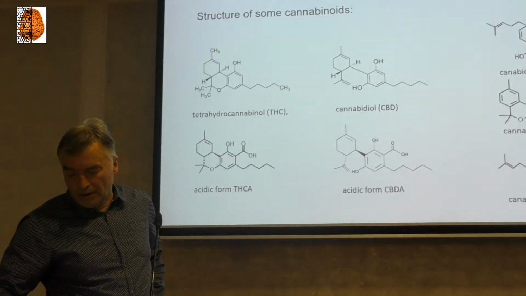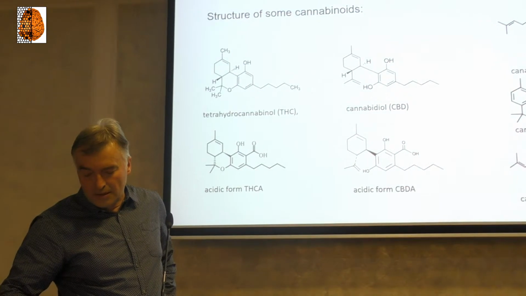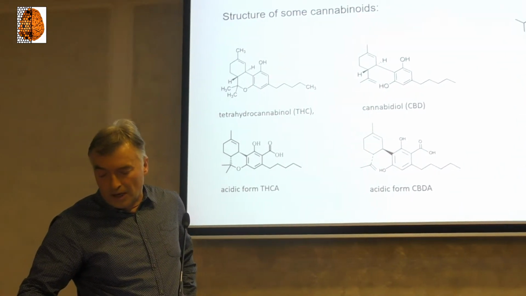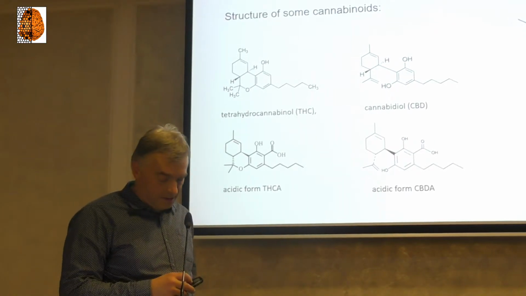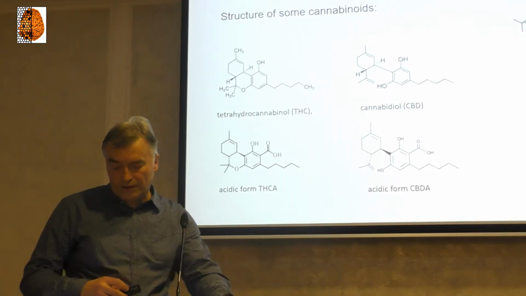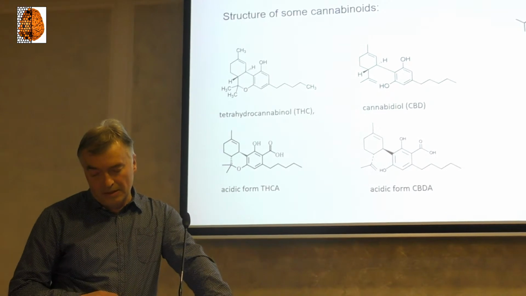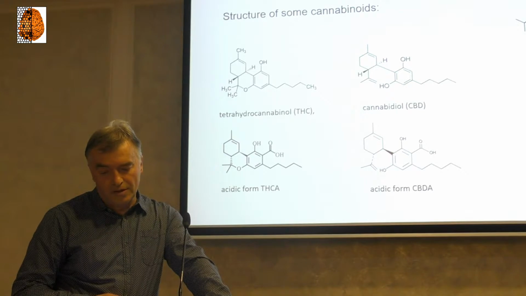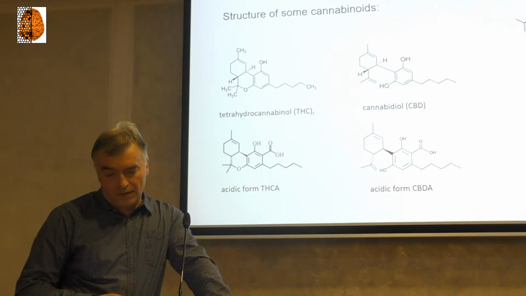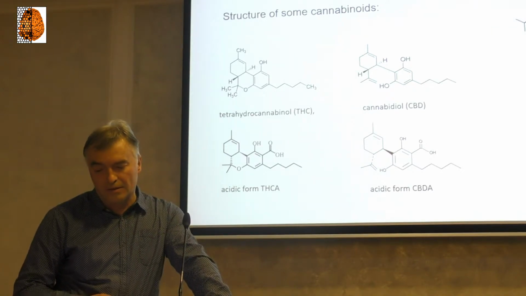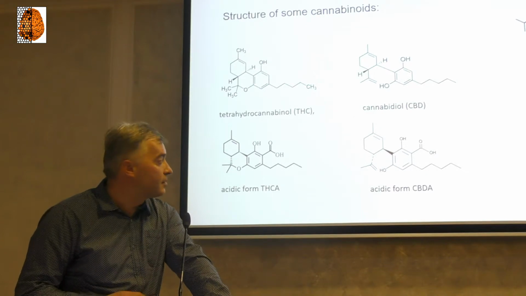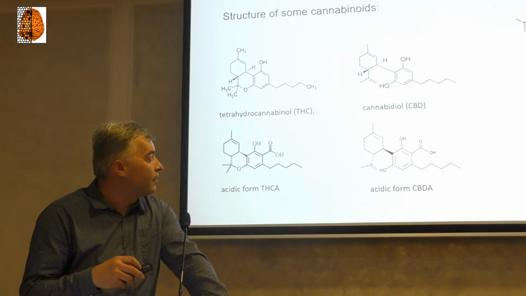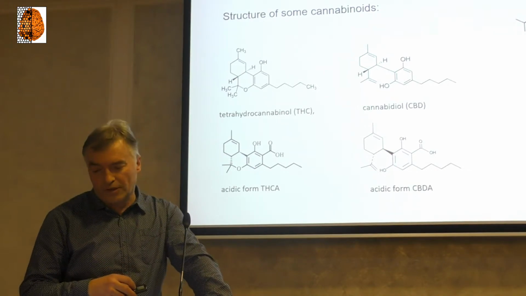Some of them are present in traces, and approximately 100 or even more cannabinoids are found in this kind of sample. The most important are THC and the acidic form of THC, and also CBD and CBDA. And there are also some others which are usually found in hemp products.